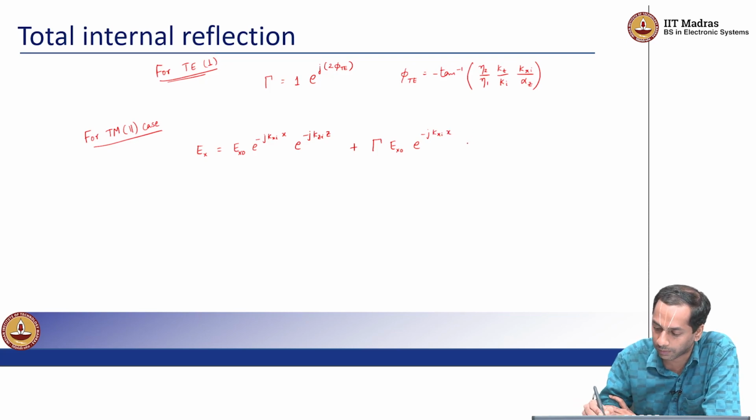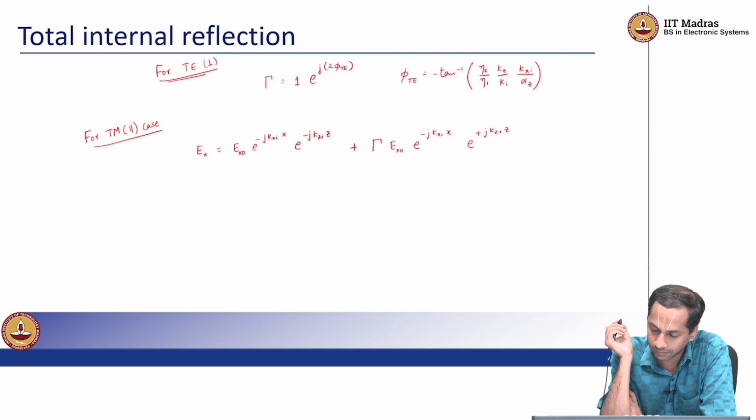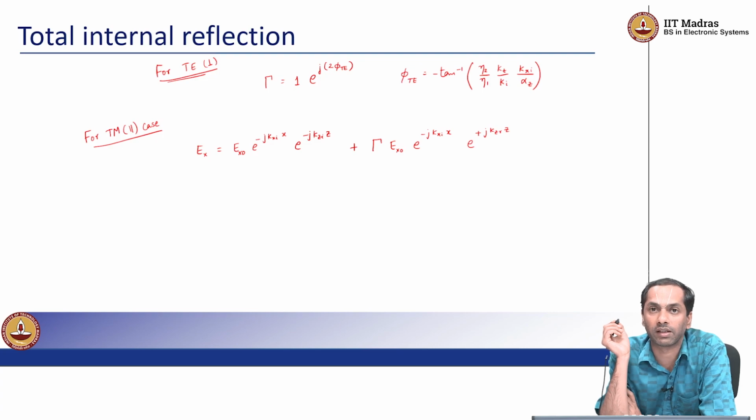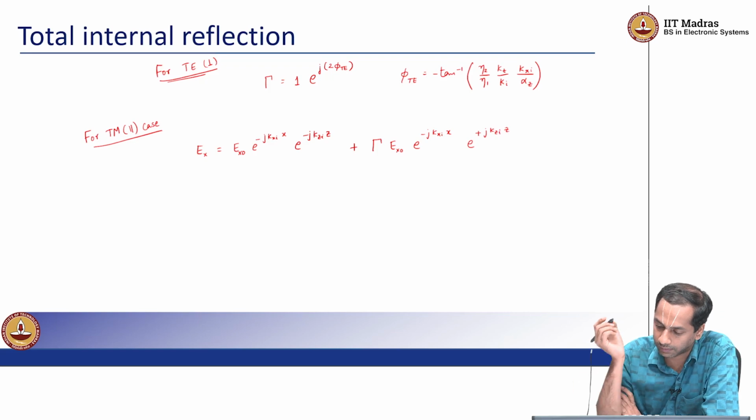We are in the same medium, and we have e to the plus j kz r z. Right, since kxr is equal to kxi, kzr is also kzi, right? Because the net k vector magnitude is the same. So we can remove this kzr and make this kzi.